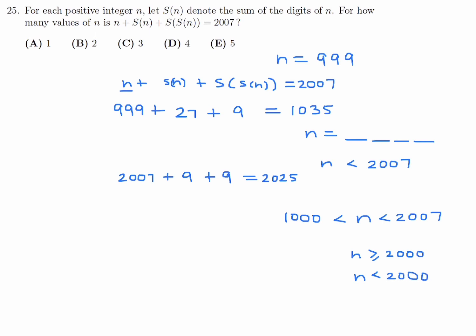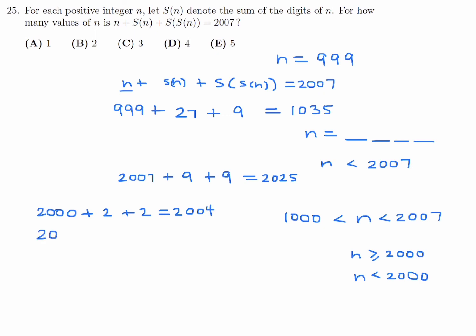If it's 2,000, using this formula, the sum of the digits of 2,000 is 2, and the sum of the digits again of that is 2, and that gives me 2004. Not 2007, but pretty close.